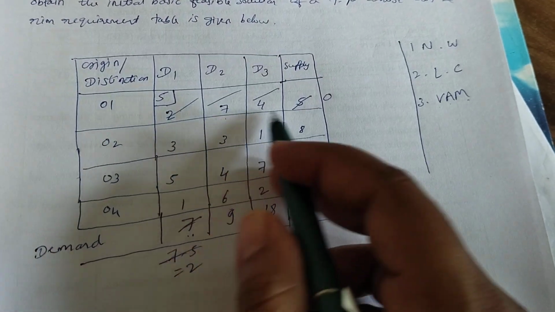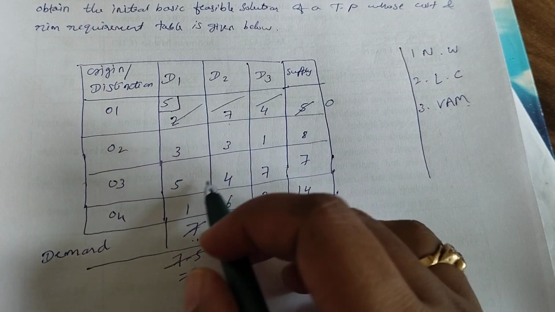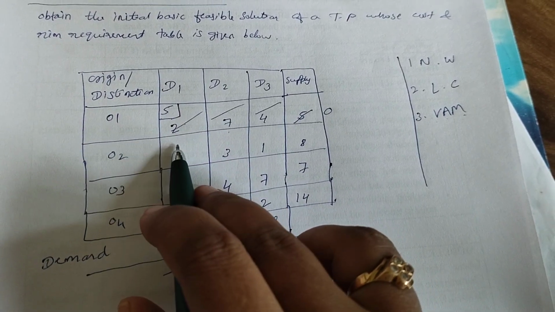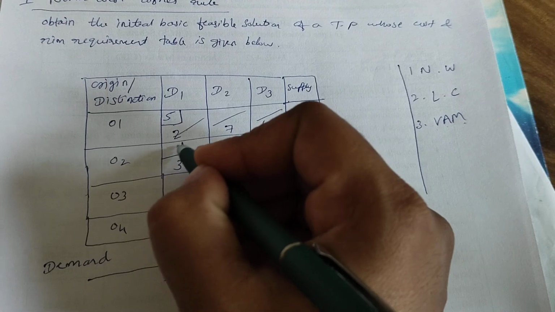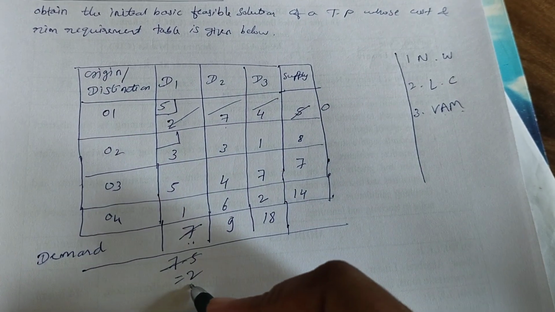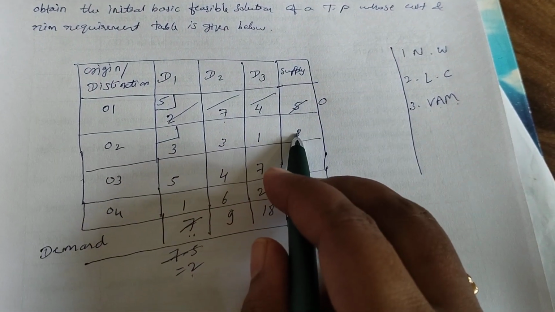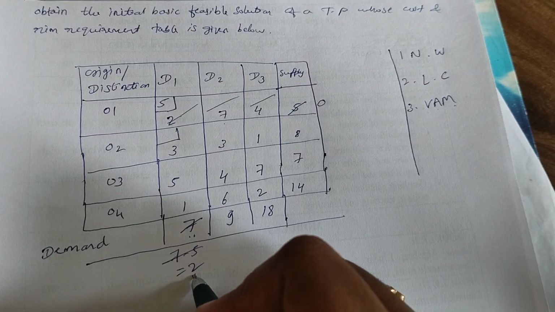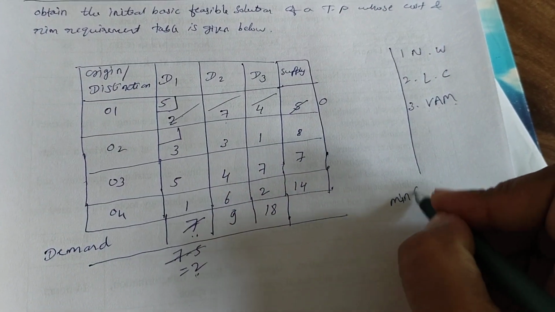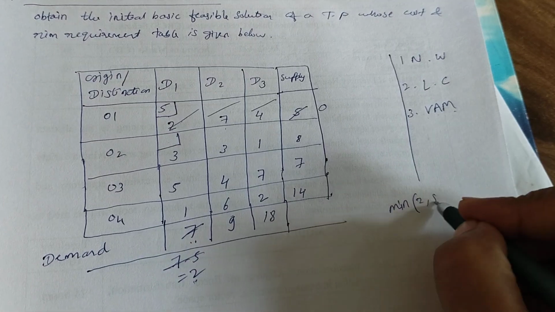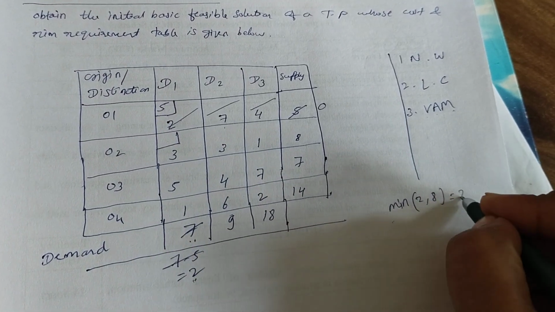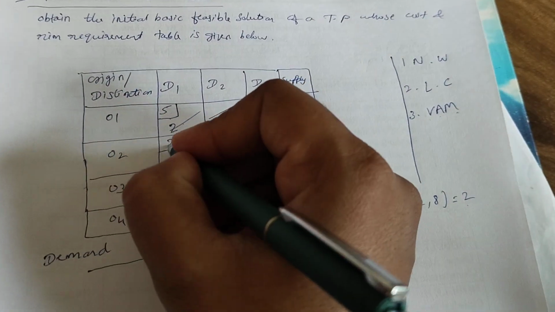Now in the remaining cells, you again start with the northwest corner cell. Here the demand is 2 and the supply is 8. The minimum among these is 2, so allocate 2 here.